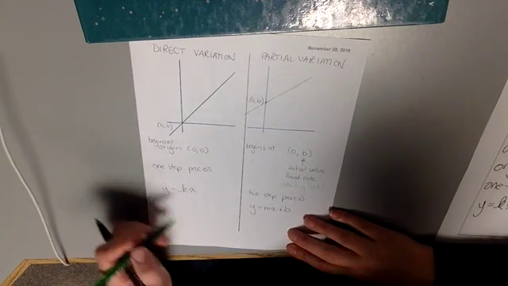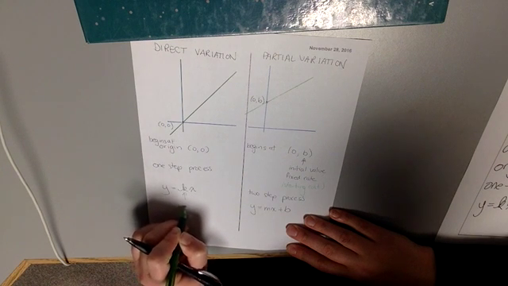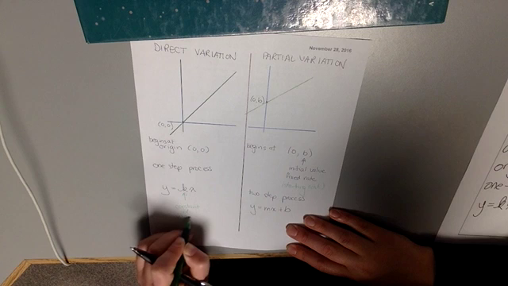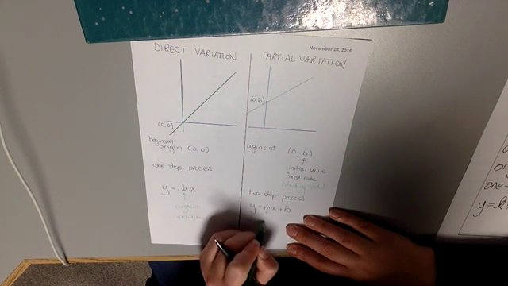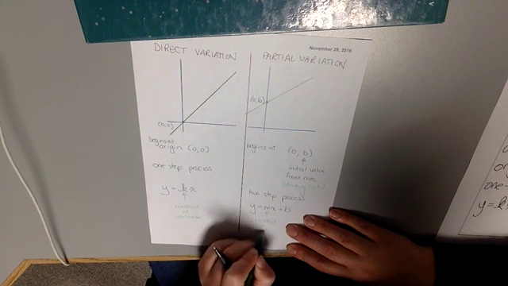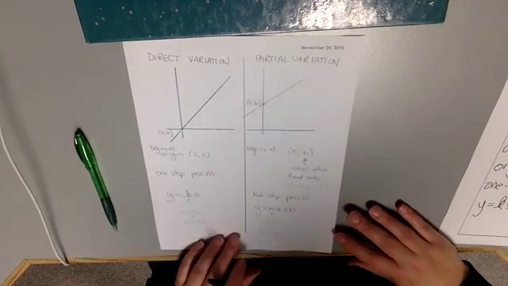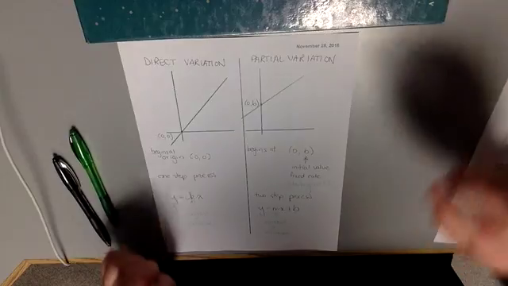Okay, where in this example, k is the constant of variation, and in this example, m is the constant of variation. So now you're going to have the chance to do some practice questions looking at direct variation and partial variation.